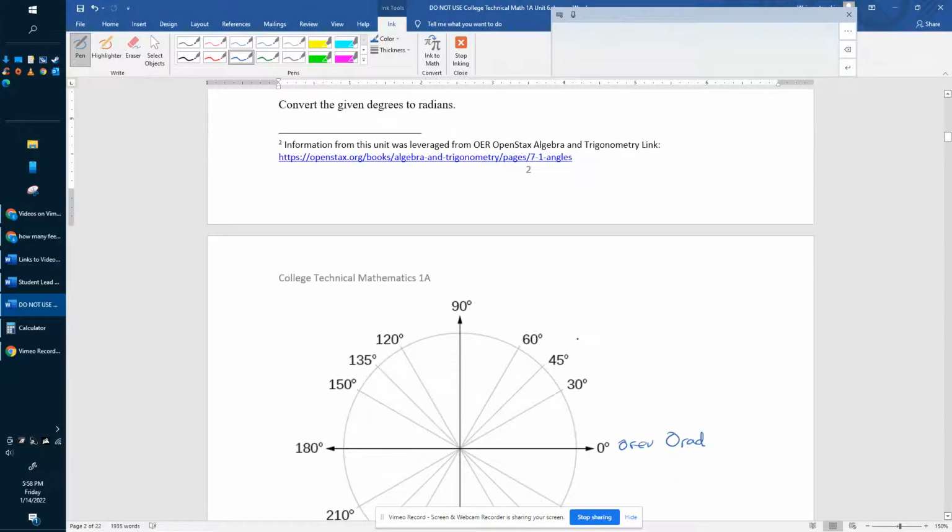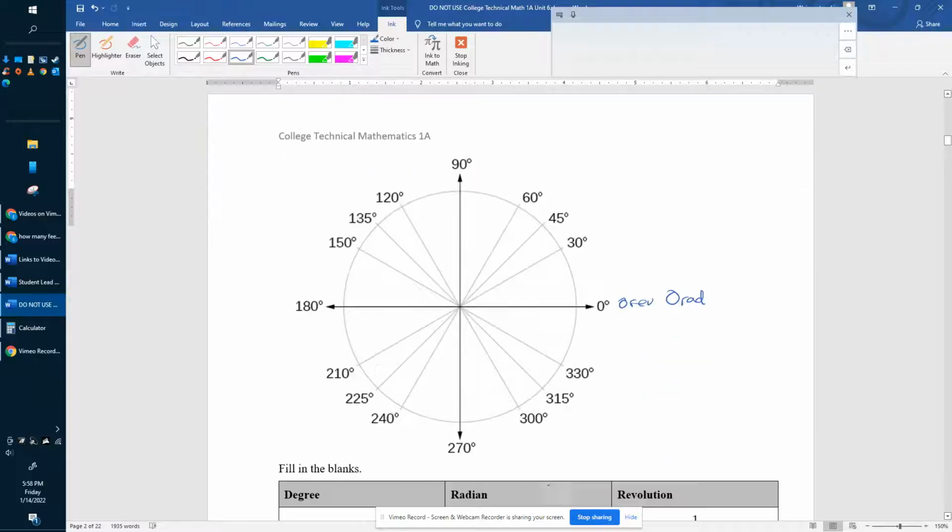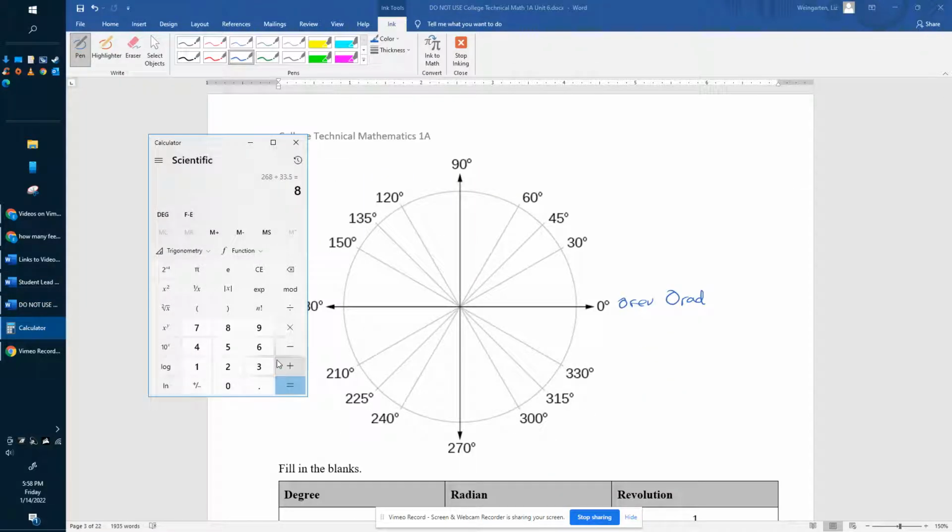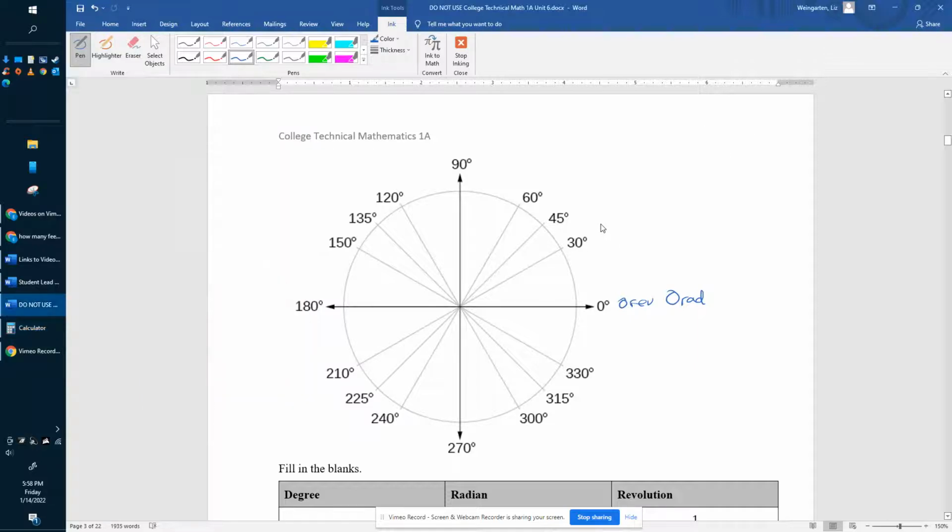At 30 degrees, how far did we travel around the circle? Well, the circle is 360 degrees. We traveled 30 degrees. That is 1/12 of the circle, so that is 1/12 of a revolution.